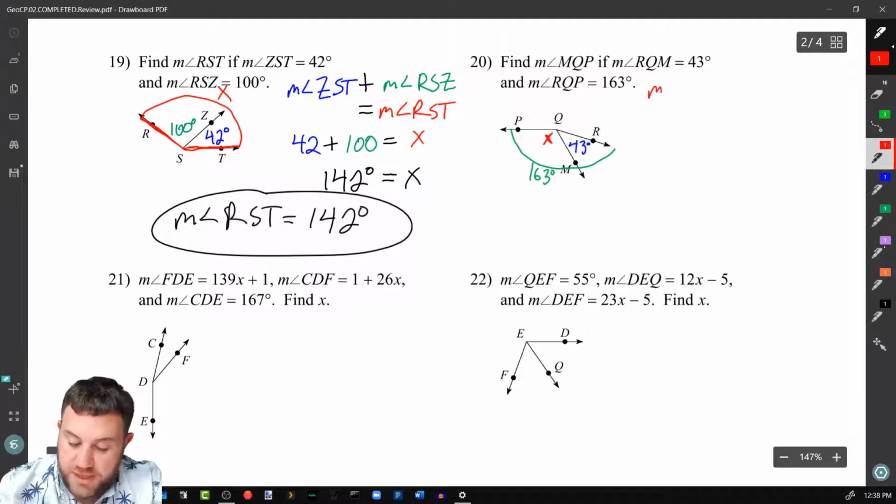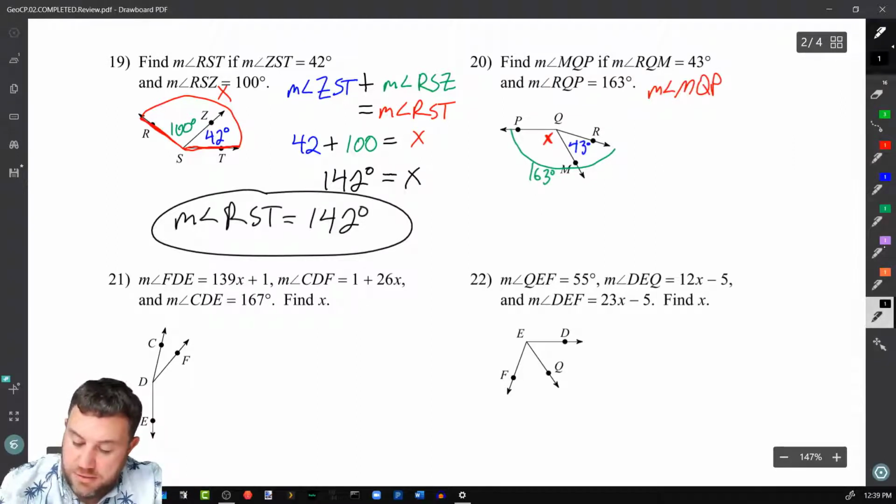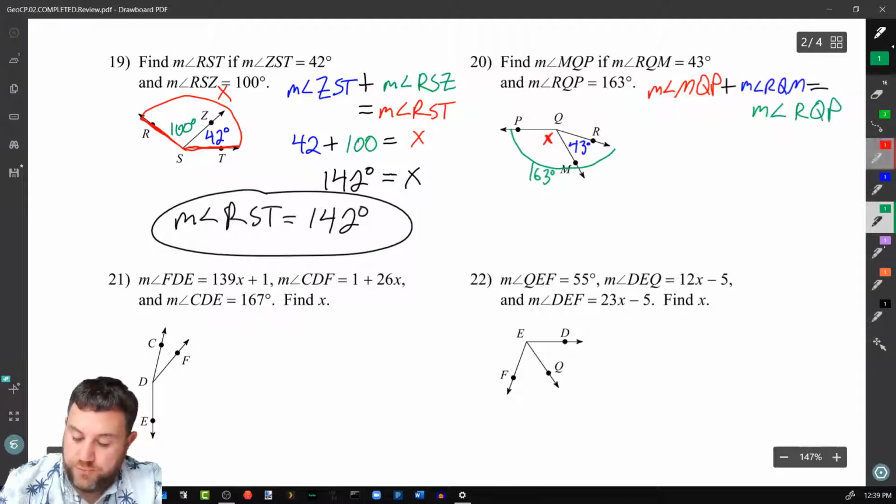So for our setup, the measure of angle MQP plus the measure of angle RQM equals the measure of the whole thing RQP.